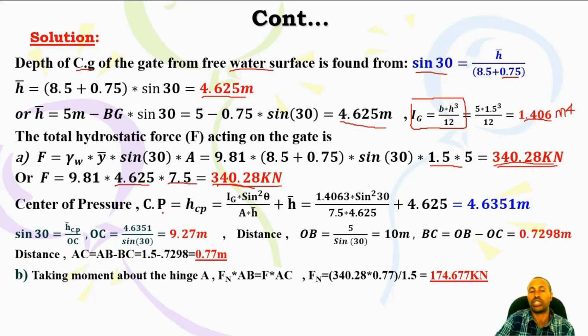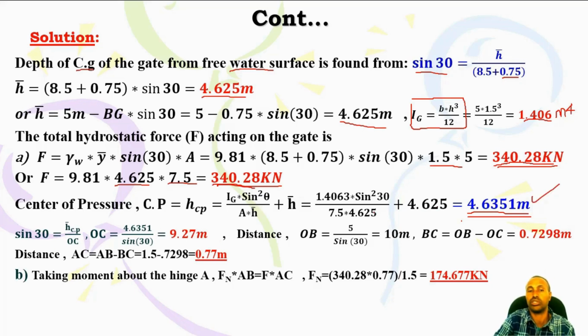The center of pressure: hcp is the moment of inertia about the centroid of the gate, times sine squared theta, over A times h bar, plus h bar. This is the total for an inclined surface. After substituting all the known values, you get 4.6351 for the center of pressure.